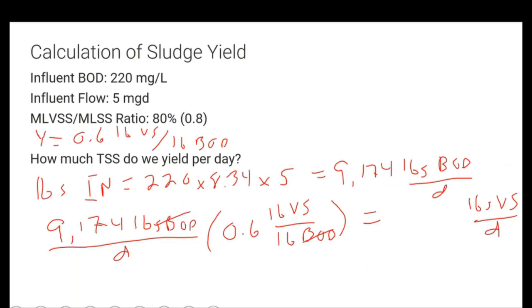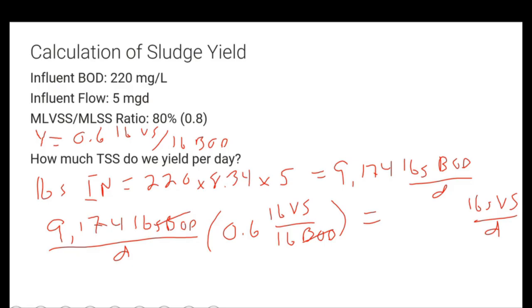All right, so you got 15,290. Oh wait, I divided by 0.6. Never mind. I don't think that's what I got. 5504, that's what I got. And then I got 4403 at the end.